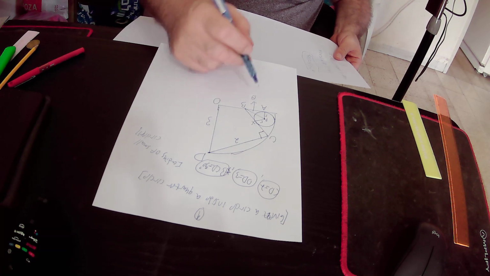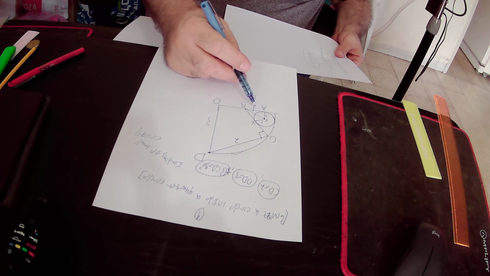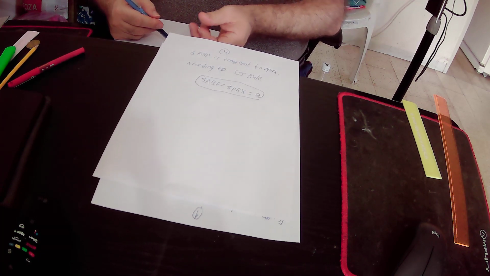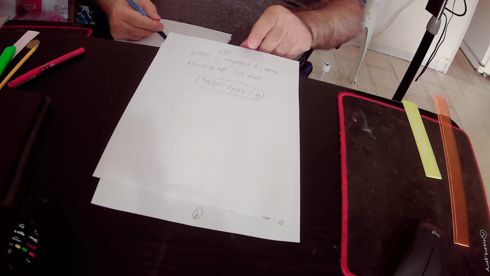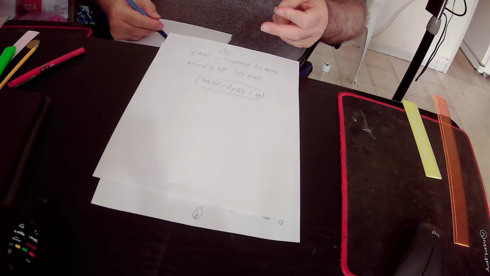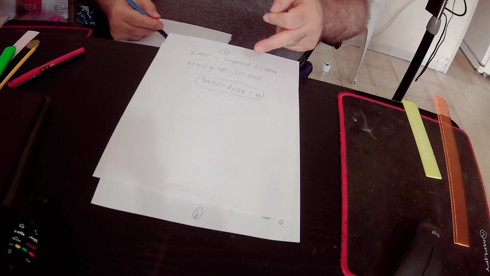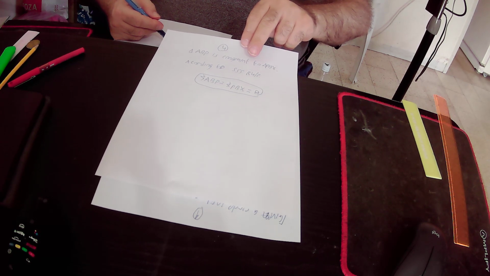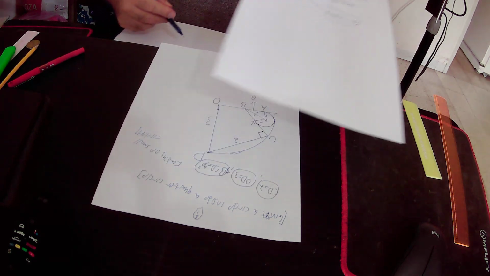Again, from the fact that triangle ABP is congruent to triangle PBX, we can derive that angle ABP of triangle ABP is equal to angle PBX of triangle PBX, and both those two angles are equal to theta.